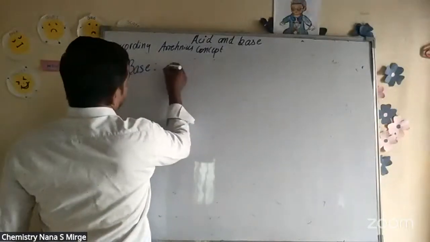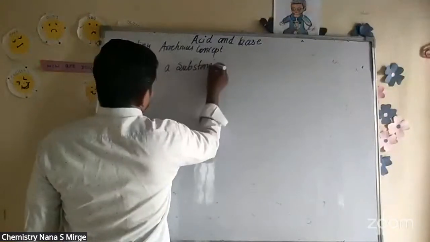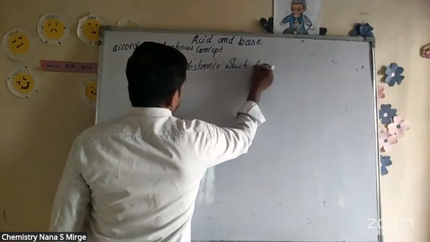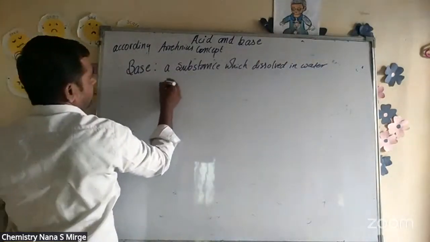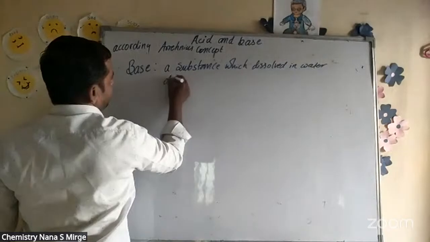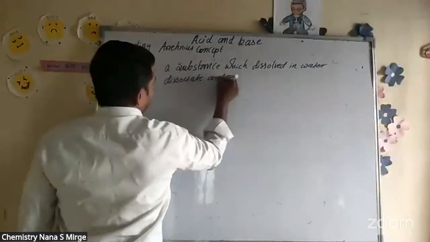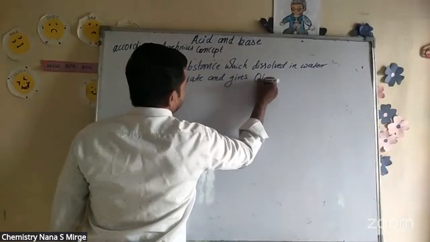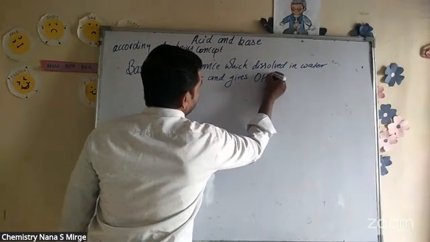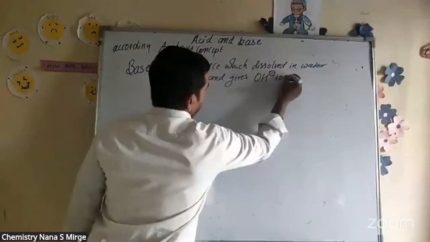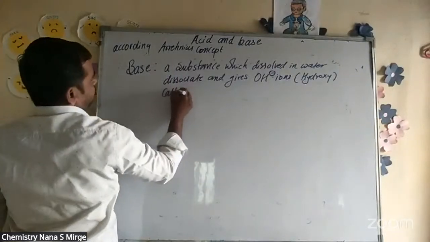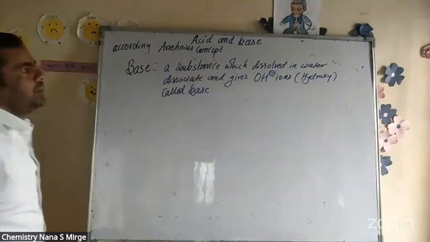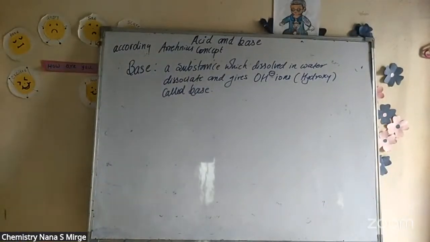You can have a definition: a substance which dissolves in water, dissociates and gives OH negative ions, hydroxy ions, is called a base.